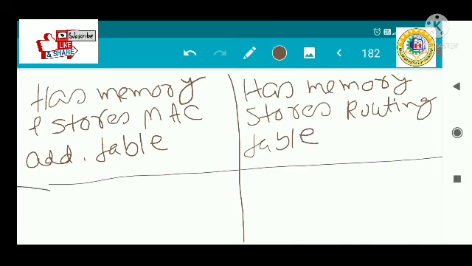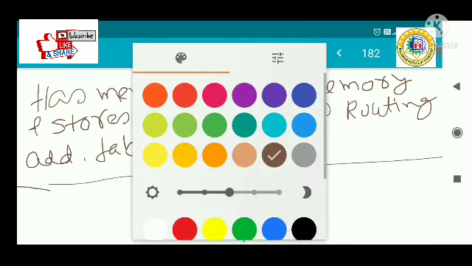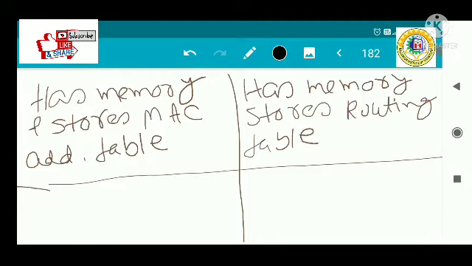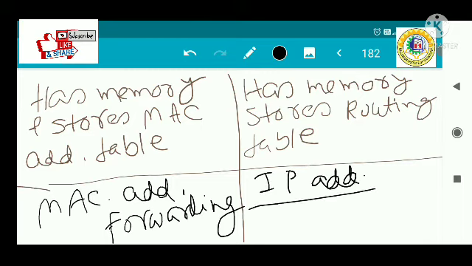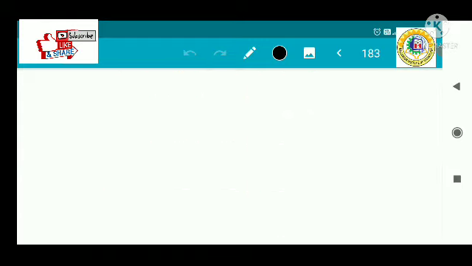With the help of the MAC address table and the routing table, both these devices can forward the data packet that comes into its port. In the switch, the forwarding decision is taken based on the MAC address, and in the router, the forwarding decision is taken based on the IP address.